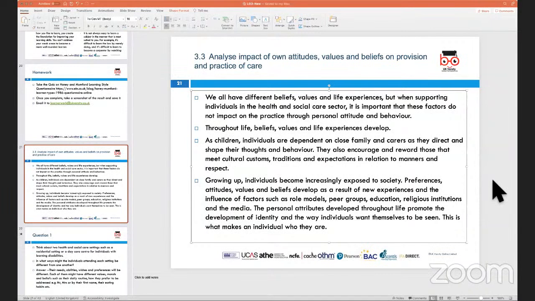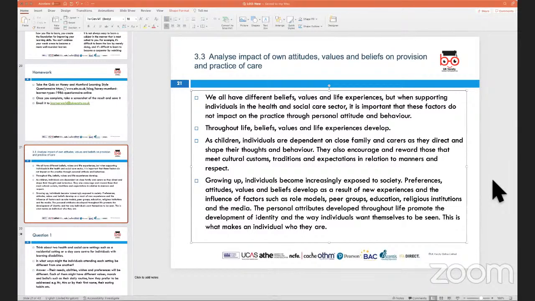When I look at my beliefs, they are things that I strongly feel about, which will guide me in my daily life and could be closely related to my morals and values. As an example, if I'm a Christian, a Catholic, or a Protestant, then that might influence some part of the attitude and behavior which I bring to work.